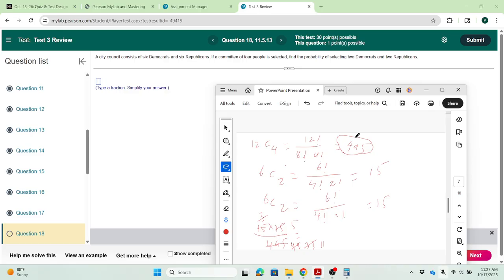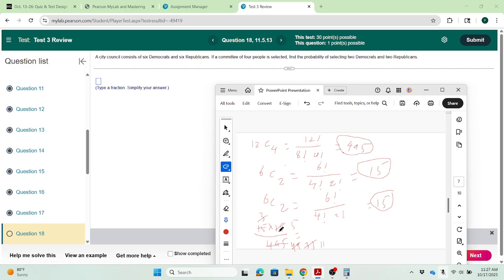And then because there is a restriction, we must have 2 Democrats and 2 Republicans, so we can choose 2 Republicans out of 6 in 15 different ways. Similarly, 2 Democrats out of 6 in 15 different ways. So we can choose a group of 2 Republicans and 2 Democrats in 15 times 15 different ways. That's the fundamental counting principle.